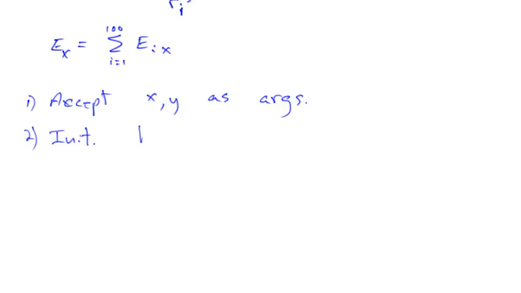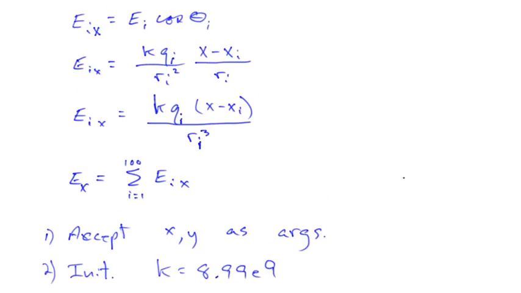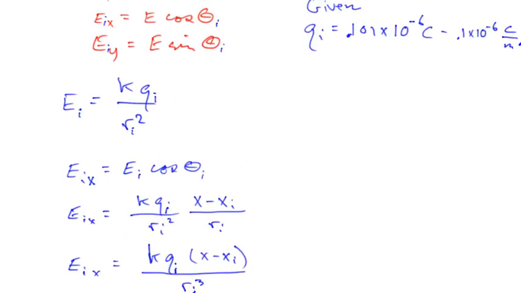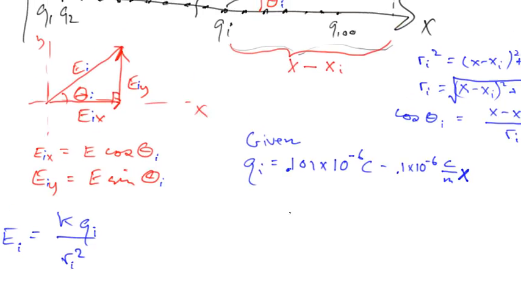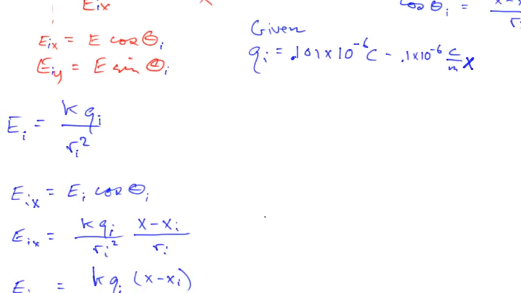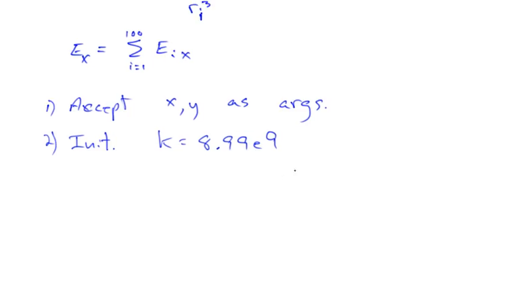So for instance, I've got to say k is equal to 8.99 E9 newton meter squared per coulomb squared, but the units are implied here. The computer doesn't understand the units. I think I'll call that all the initialization, but I'll leave myself a little room just in case I'm forgetting something.